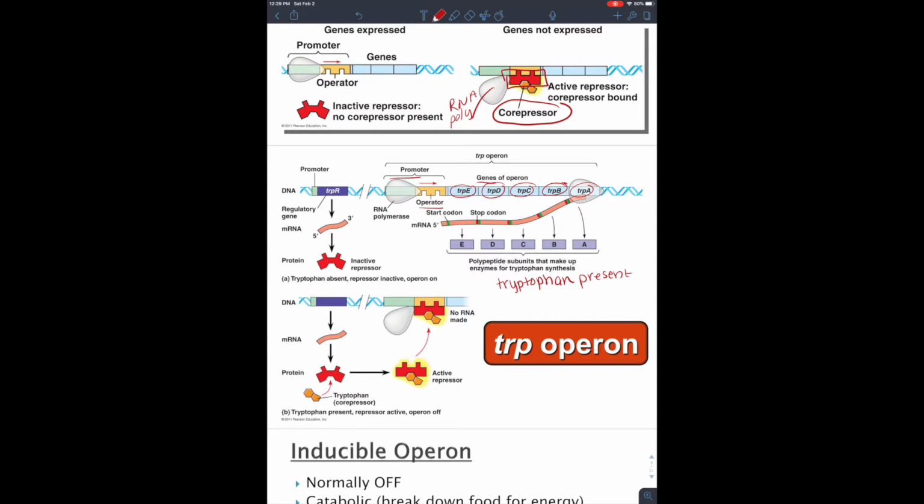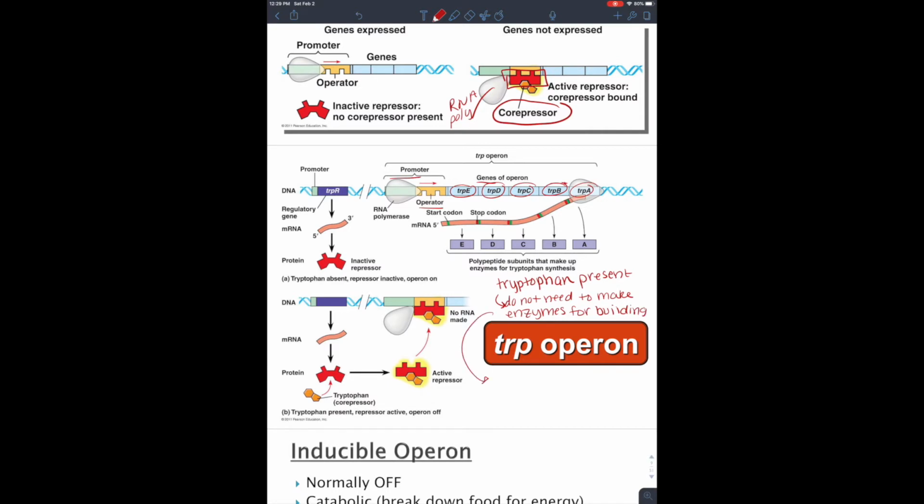So in the TRP operon, when tryptophan is present, this operon is going to turn that entire thing off. We're going to shut down. We do not need to make the enzymes necessary for building tryptophan anymore.